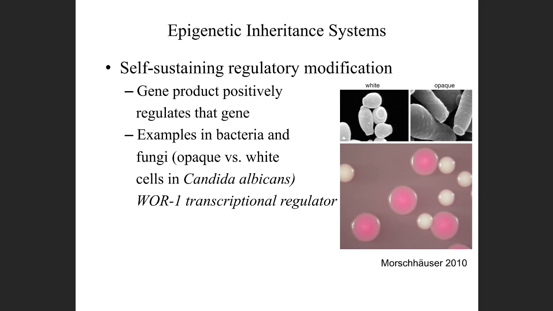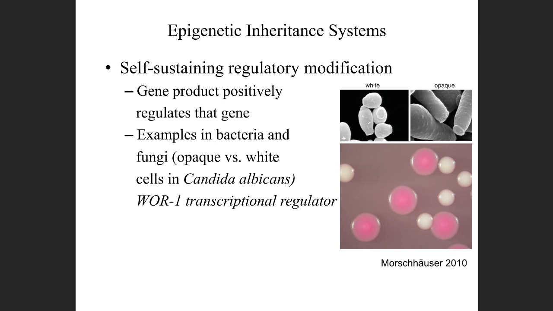And it's interesting that the two effects of being opaque are somewhat complementary. In other words, what do you want to do if you're trying to evade a host immune defense? Well, one thing is try to evolve rapidly because some of your offspring might be able to overcome that host defense.